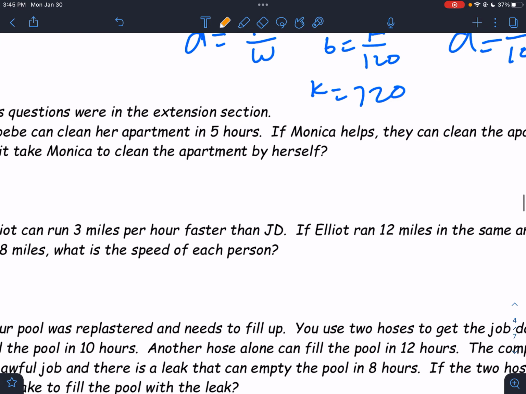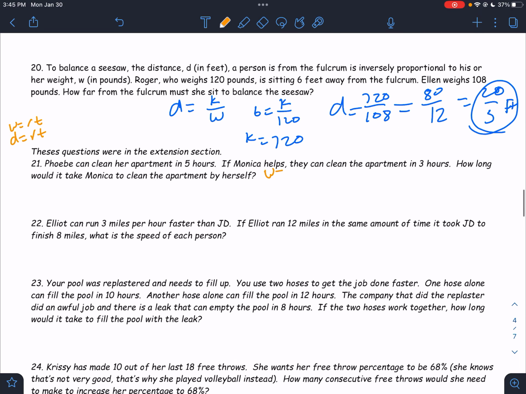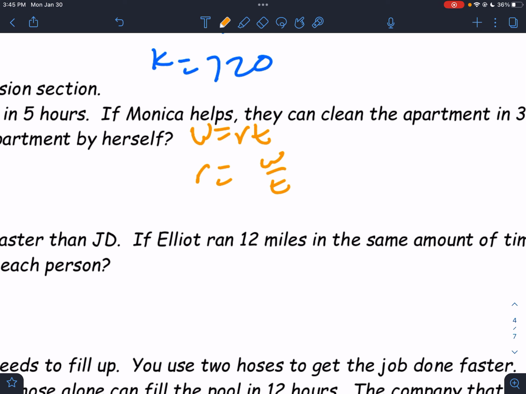So W is going to be 1, but work equals rate times time. I would convert these to their rates. So the rate equals the work divided by the time.